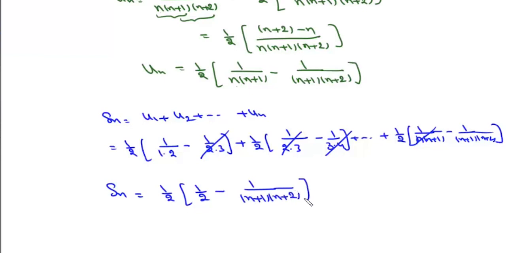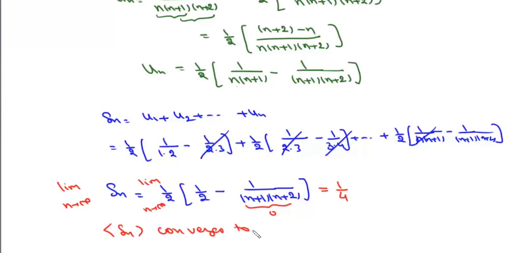Now if we take the limit n tends to infinity, this expression goes to 0. So the limit of the sequence Sn is 1 by 4. So that means this sequence Sn converges, and it converges to the sum 1 by 4.